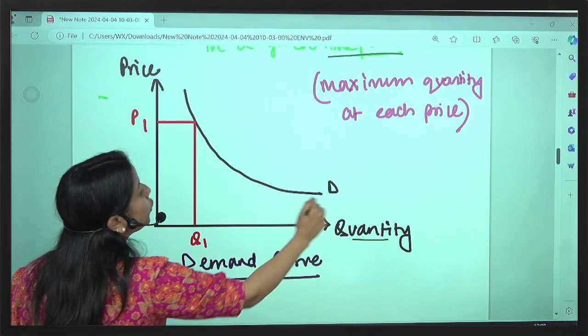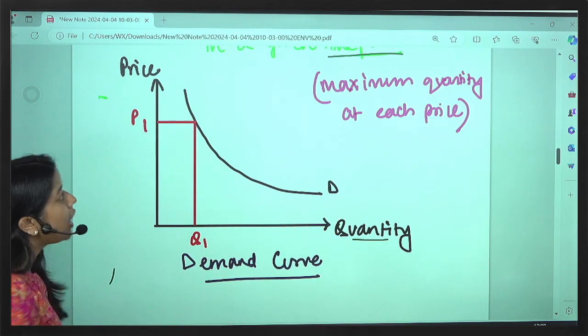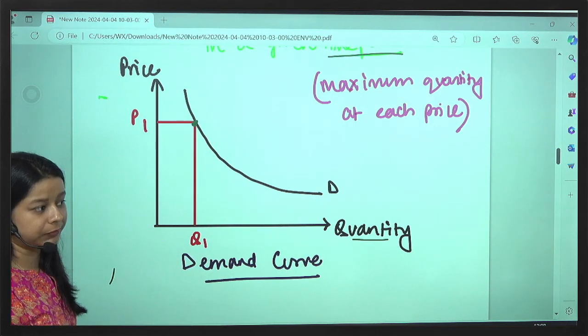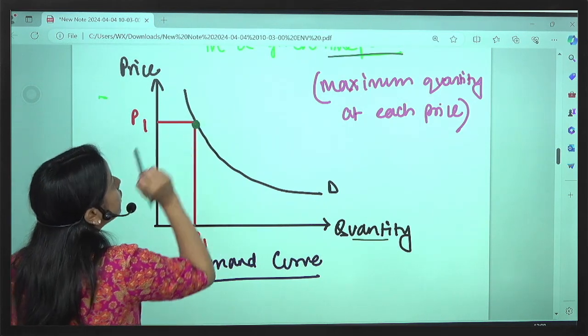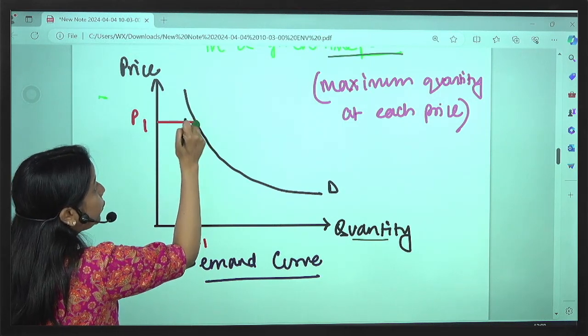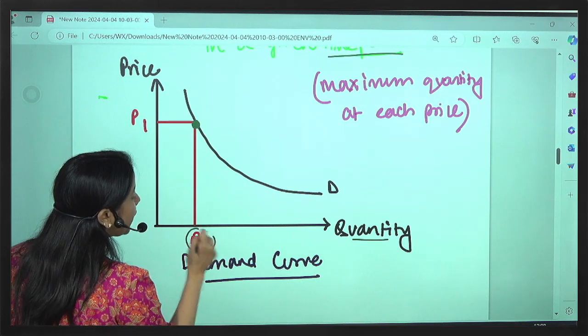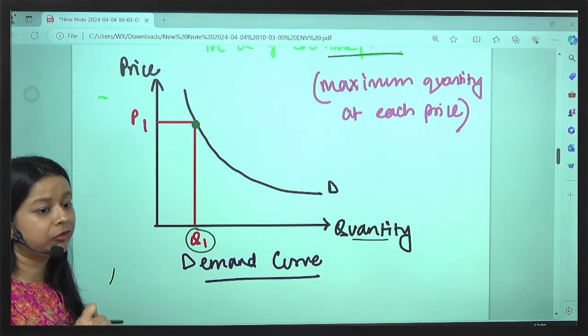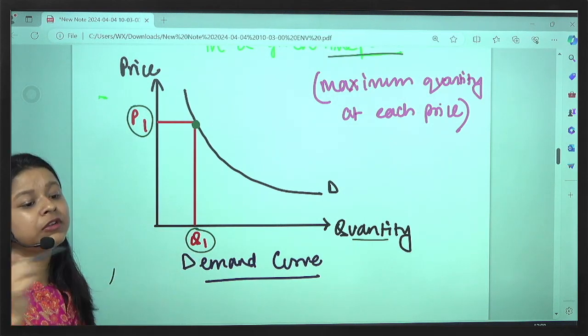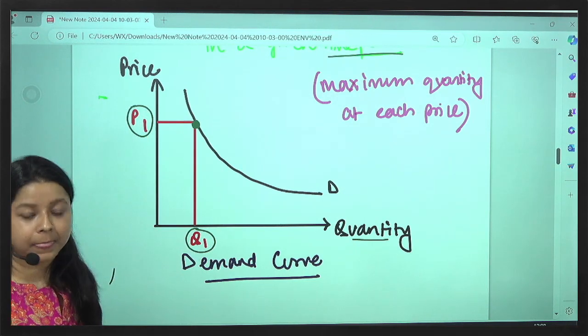When we say it's a downward sloping curve, what do we mean? For example, let me talk about this particular point on this curve. This particular point denotes that I am able and willing to buy Q1 quantity of a good at price P1 in a given time period. Right?